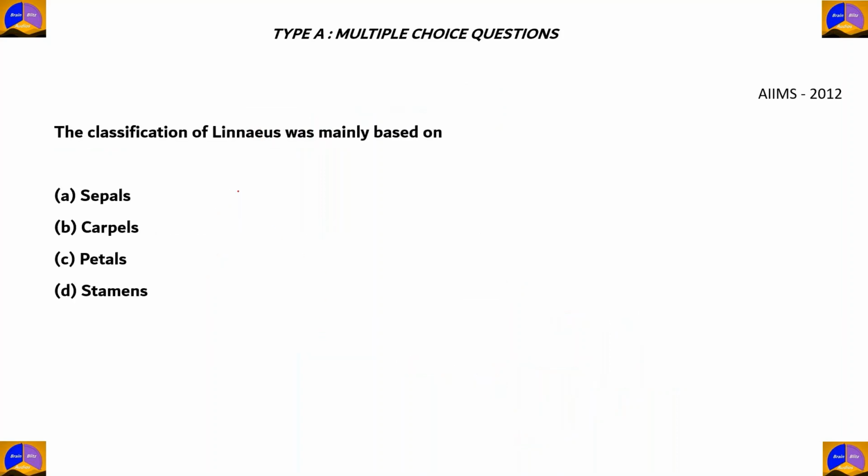The classification of Linnaeus was mainly based on A. Sepals, B. Carpels, C. Petals, D. Stamens.